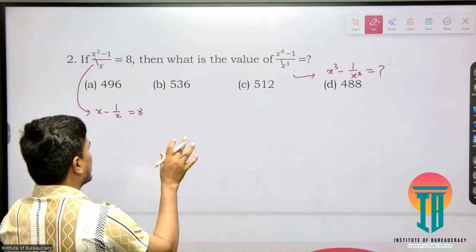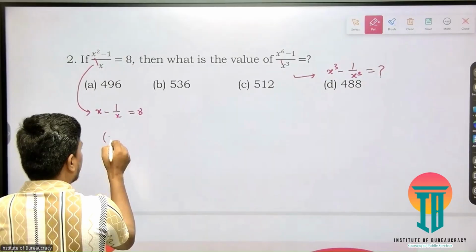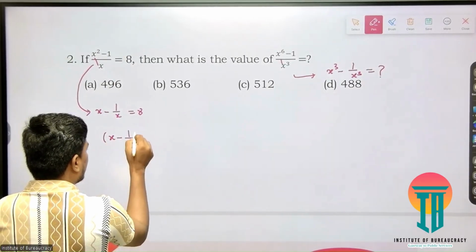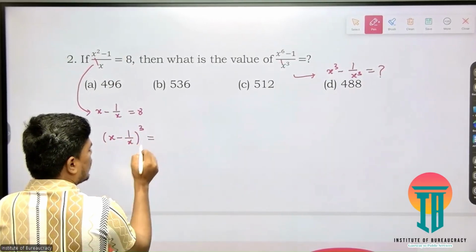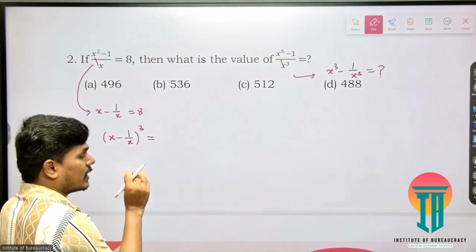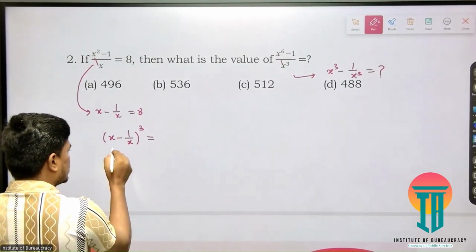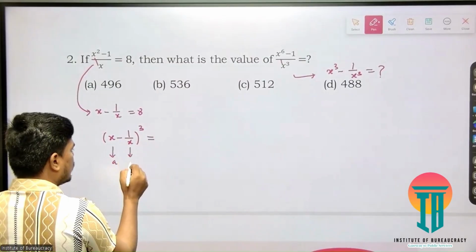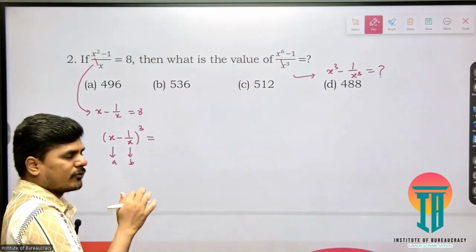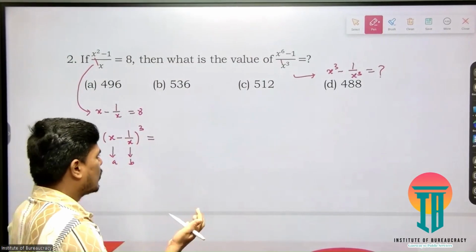Now the same formula we can apply, that is the x minus 1 by x the whole cube formula. In the place of a we have x, and in the place of b we have 1 by x. So the a minus b the whole cube formula we are going to apply.